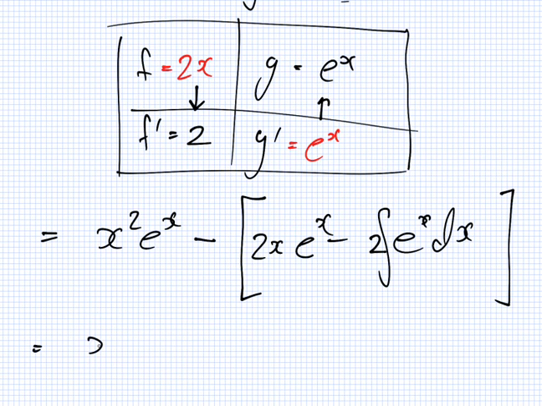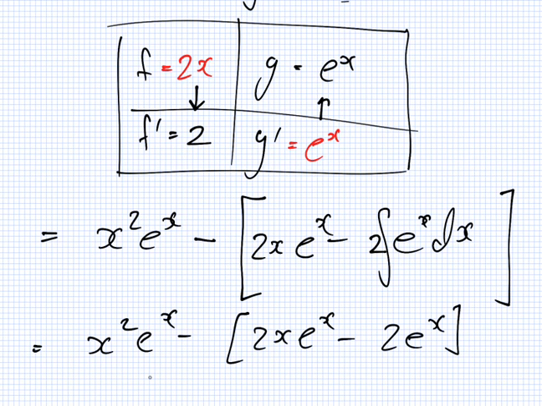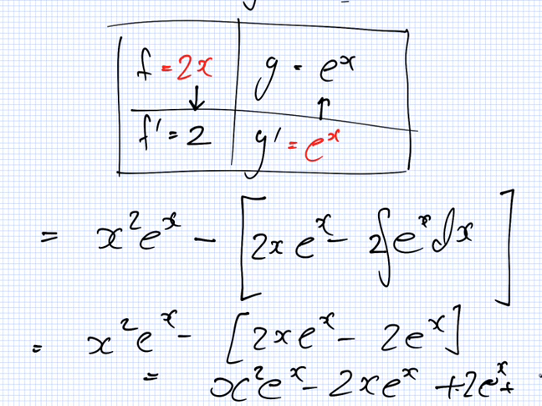So the answer would be x squared ex minus 2x ex minus 2ex. So then the answer is x squared ex minus 2x ex plus 2ex plus c.